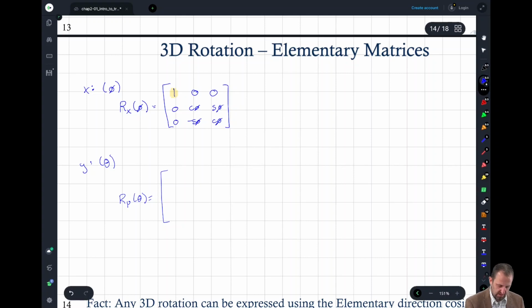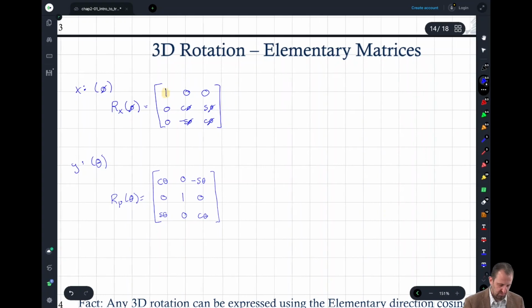In the y, we're going to have on the second row a 0, 1, 0. So we'll have 1s and 0s, similarly to the x. But then we'll have a cosine on the diagonal, cosine of theta, cosine of theta. And now we're going to put a negative sine of theta up top and a sine of theta down below.